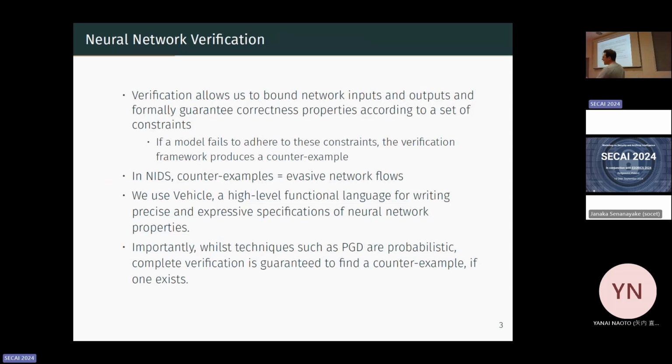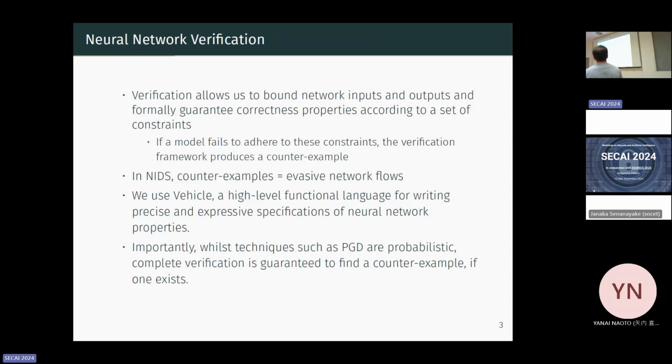Your counterexample is a basic test. To do this, we use Vehicle, a verification framework for high-level expression of specifications of neural network constraints. We're taking this off the shelf.